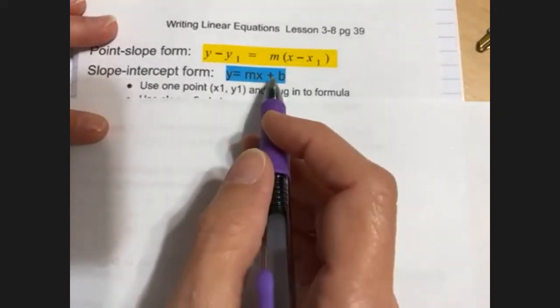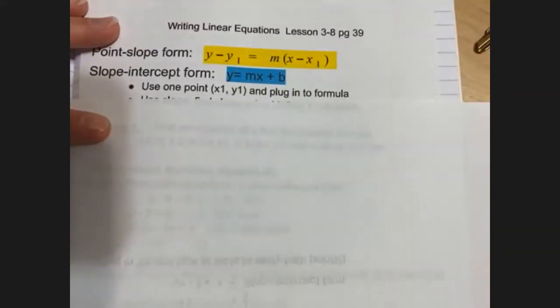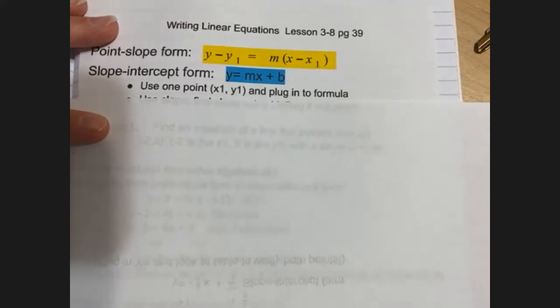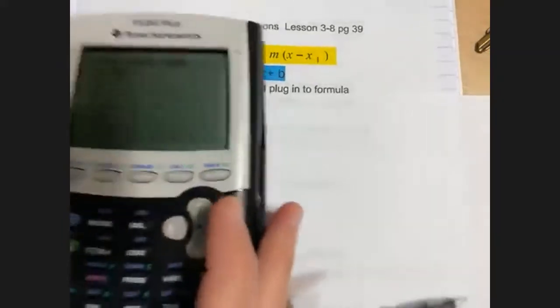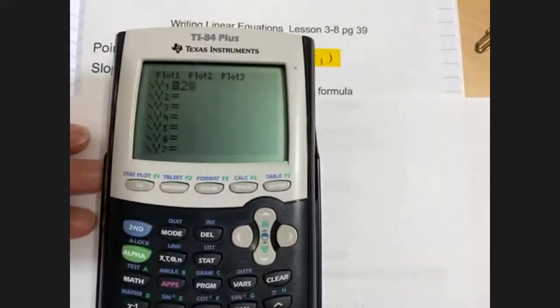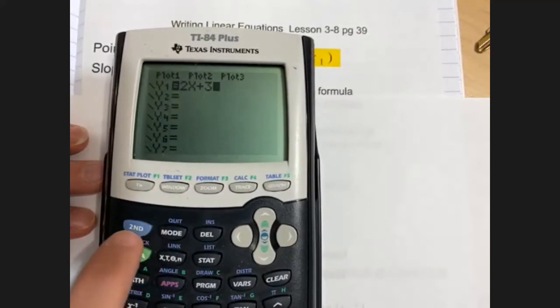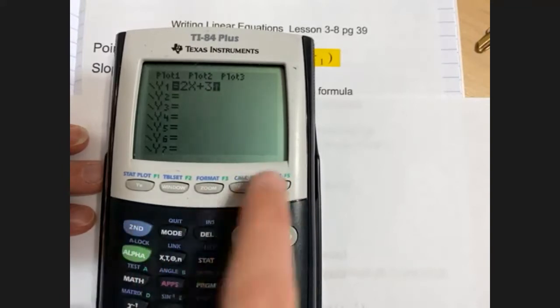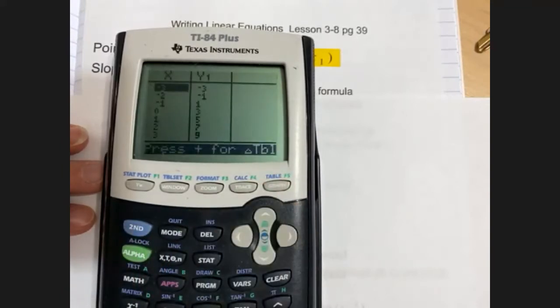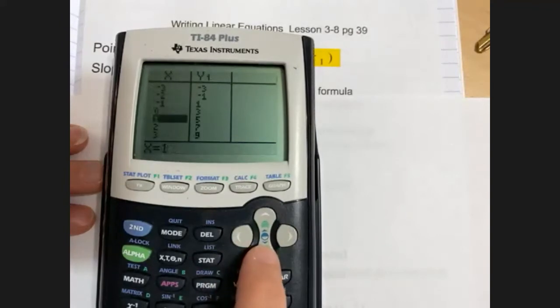You basically can plug this in, and we talked about this yesterday. You can plug in the equation, and I'm going to go through that for just a second. So there was still some confusion over that. But if you type in an equation, let's say 2x plus 3, and we go to the second button right here, and we hit graph where it says table in blue right there, second table, it'll actually give you the table of values for that equation.